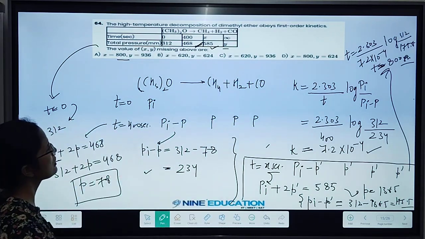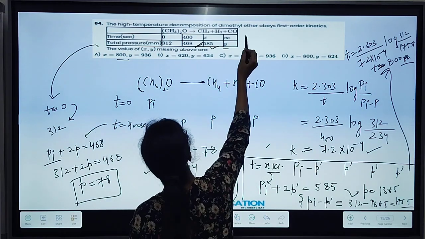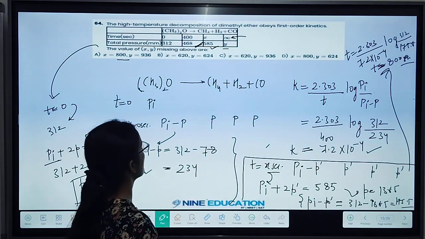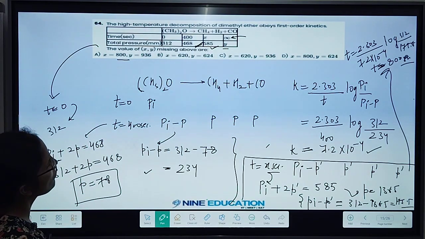As we understand, it is following first order kinetics, and the time when this reaction will complete is infinite, that's why a first order reaction never goes to completion. But now they are asking what the total pressure will be at time equal to infinite.